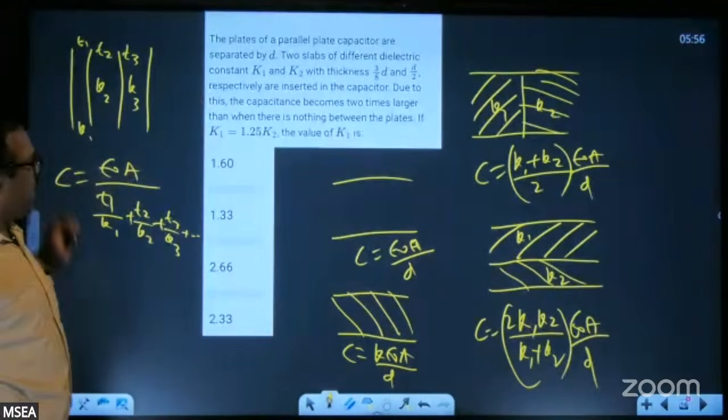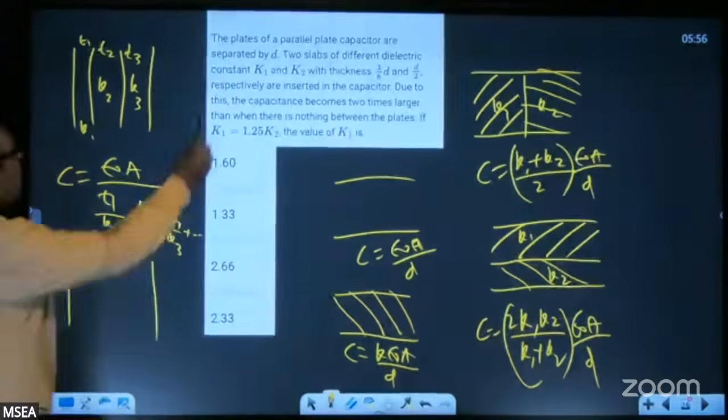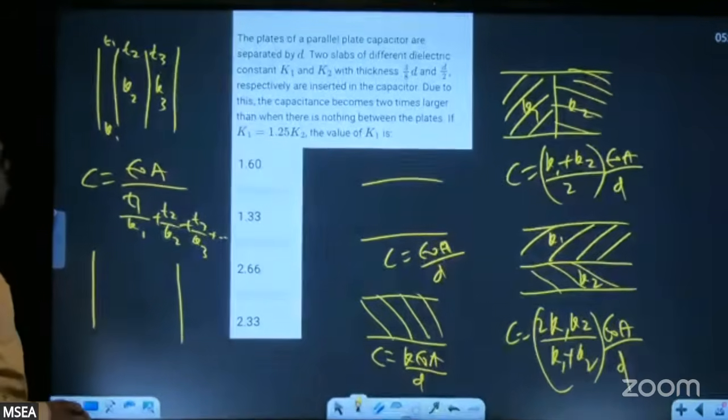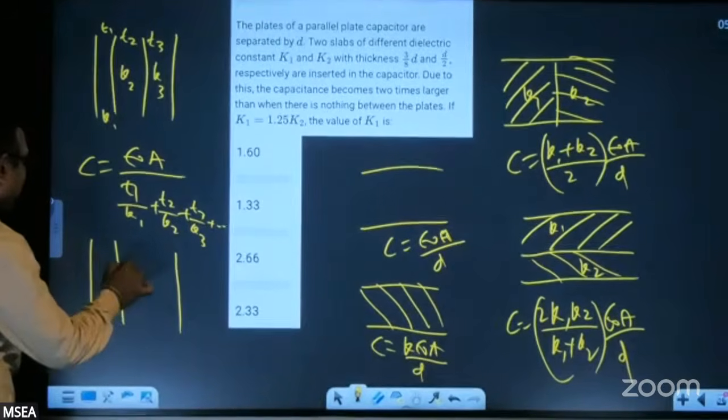First, you come to this question. What is given? Same thing. The plates of a parallel plate capacitor are separated by distance d. Two slabs of different dielectrics K1 and K2 and thicknesses are given.